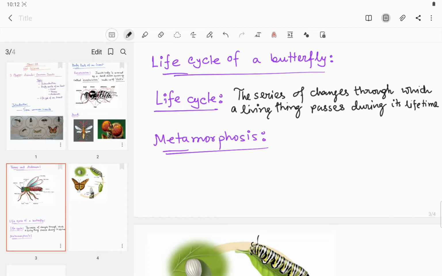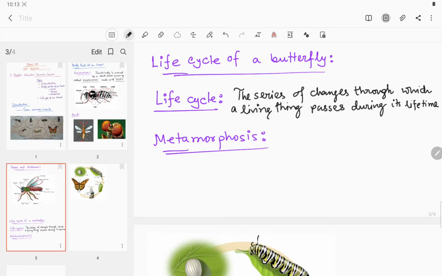Now we are going to learn about the life cycle of a butterfly. A butterfly passes through 4 stages. First one, egg. Second one, larva. Third one, pupa. And the last is adult. Right?